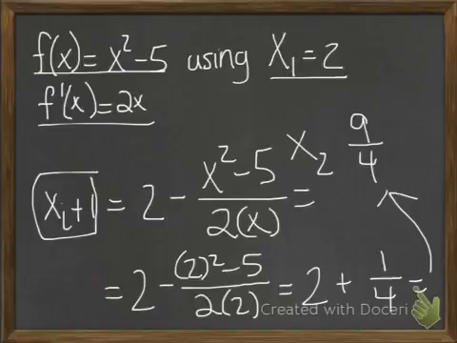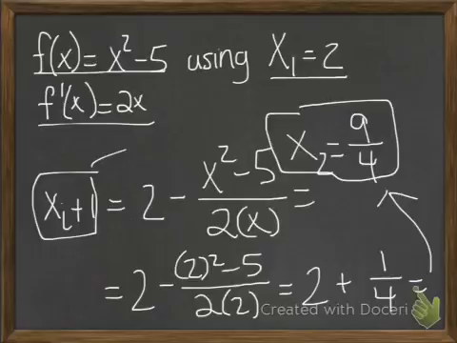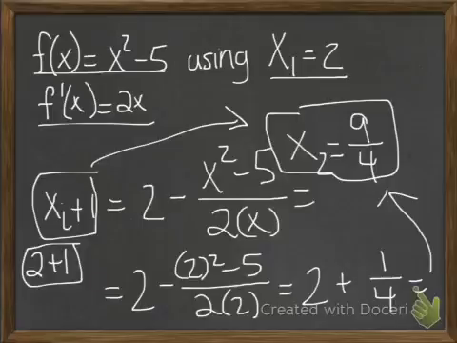So that is our x2, our second guess. See, this all plays back into x_{i+1}. Our initial guess was 1, and we're adding 1 to it. So we're going to use this to get our third guess.